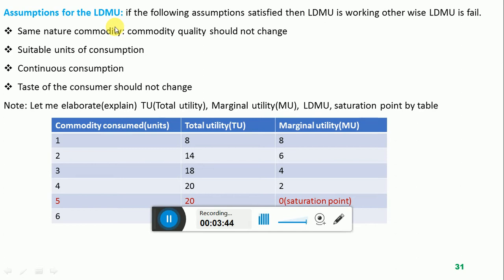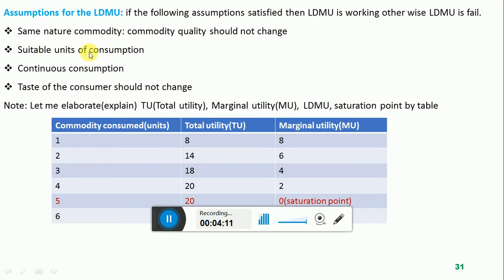And when the same consumer drives another car, a BMW, the BMW will provide more utility. So now the second unit is providing more utility than the first. The law failed. The law was this, that the next unit will provide less utility, but here the BMW is the second car and it is providing more satisfaction. Why? Because the brand changed, the nature changed, the quality changed, so the law failed.